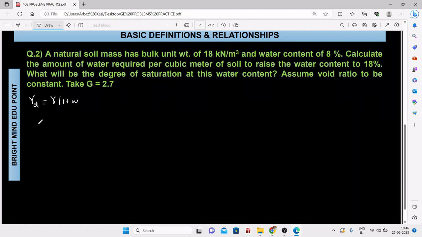So gamma d will be equal to 18 divided by 1 plus 0.08. On solving, we'll get the value of dry unit weight as 16.67 kilonewton per meter cube.